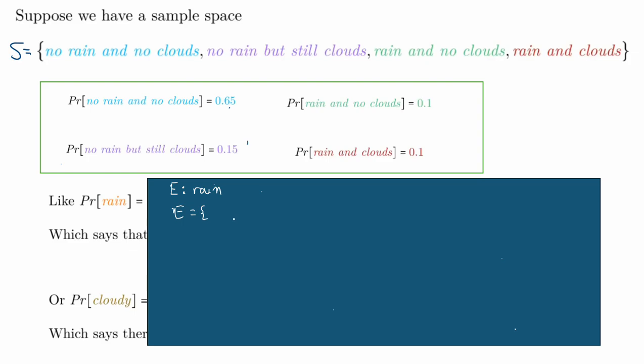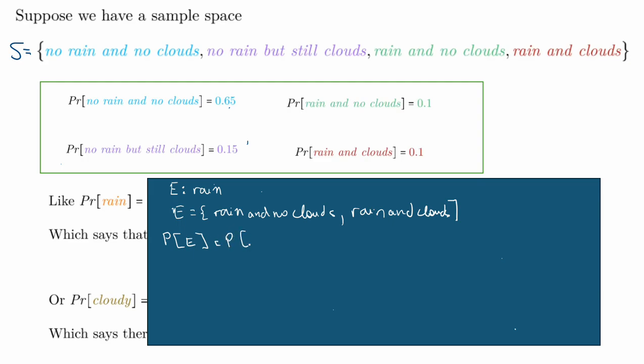Is the purple one? Is the green one? Yes, because it's raining, right? So actually, the event of rain can come from two different outcomes. Rain and no clouds, which is the green one, and rain and clouds, which is the red one. Okay?